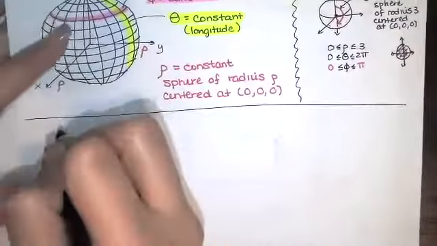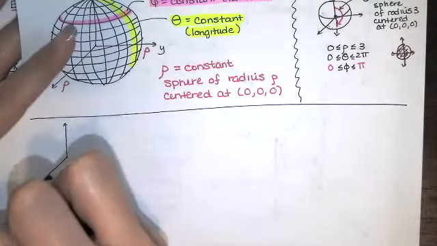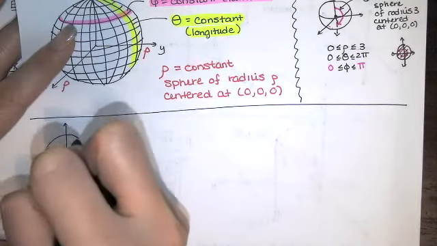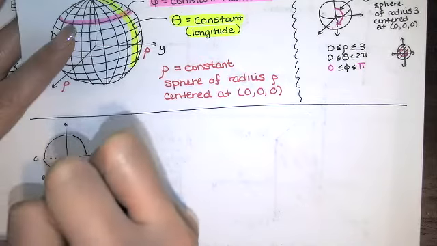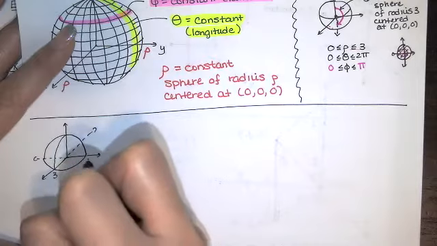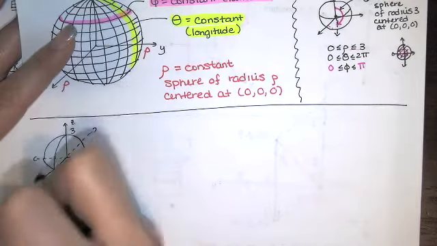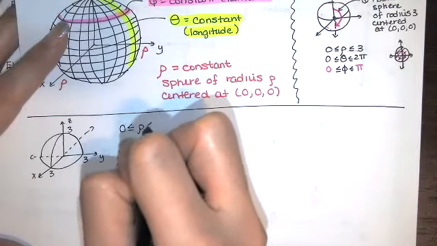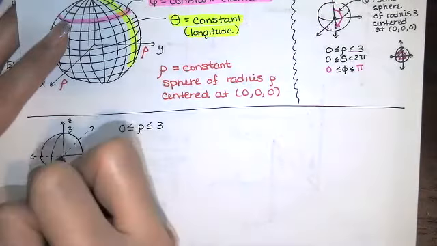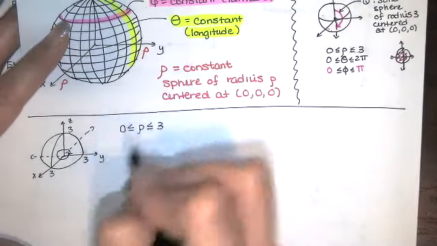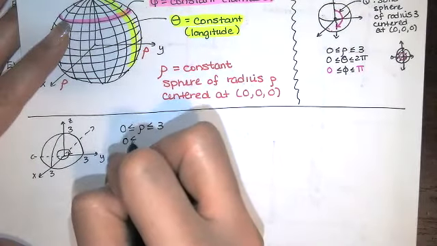Now let's restrict it a little bit. How would that change if we were talking about the top half of a sphere of radius 3, centered at the origin? Well, rho still goes from 0 to 3. And theta still goes from 0 to 2 pi because we go all the way around the xy plane to get the top half.